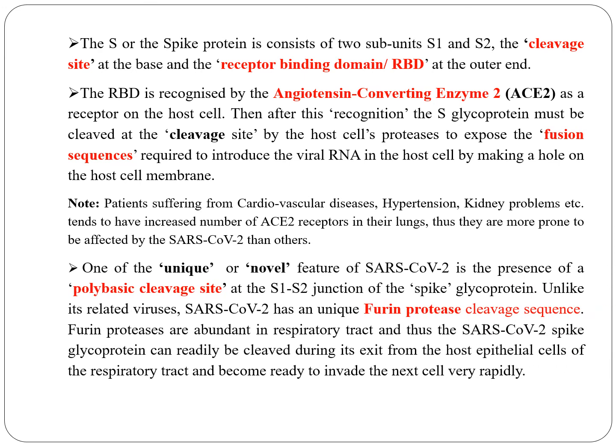Patients suffering from cardiovascular diseases or kidney problems are found to have more ACE2 receptors than others on their cells. That is why they are at increased risk from SARS-CoV-2.